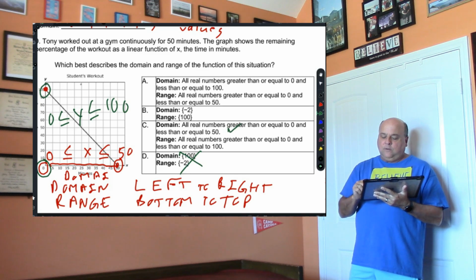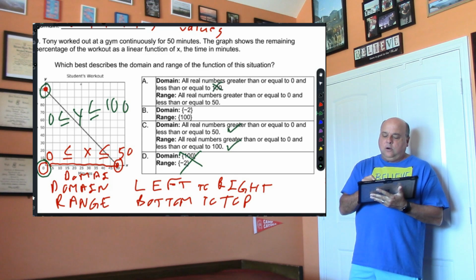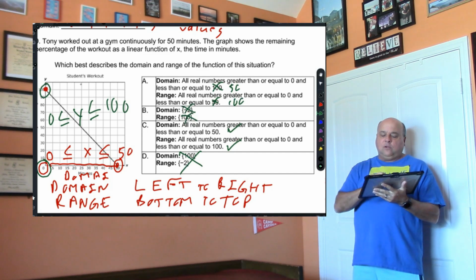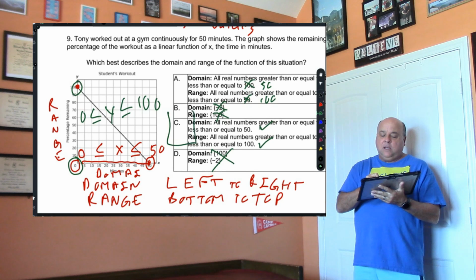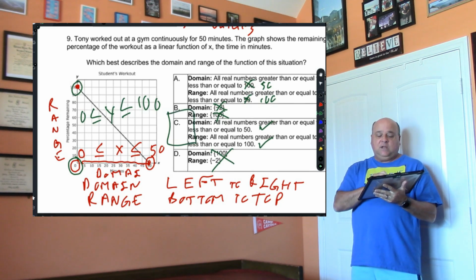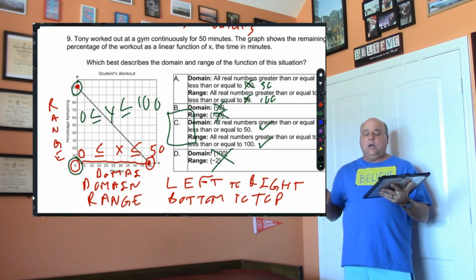All the real numbers greater than or equal, less than or equal to 100, that's right. And this right here is flipped. This should be 50 and this should be 100. These are incorrect, okay? So the domain goes from left to right. The range goes from bottom to top. C would be your choice right here. The domain goes from 0 to 50 and the range goes from 0 to 100.